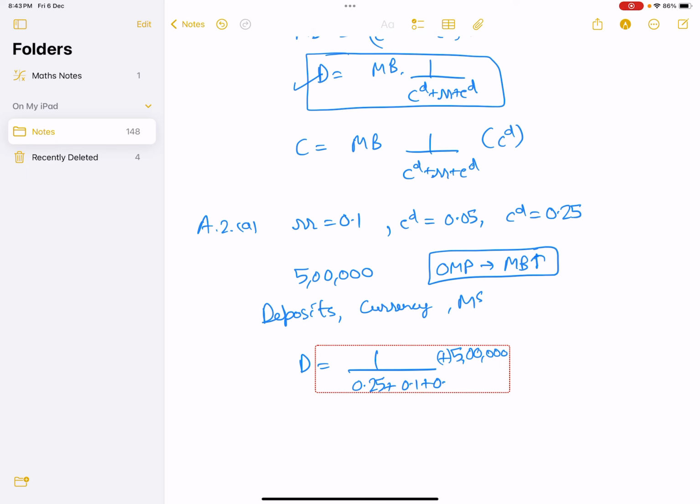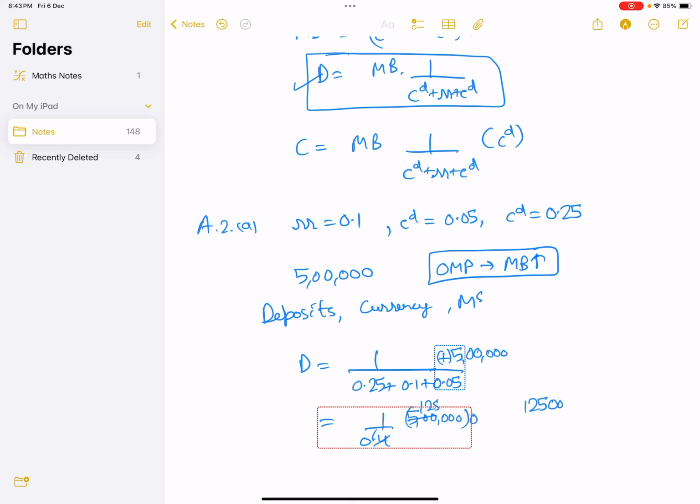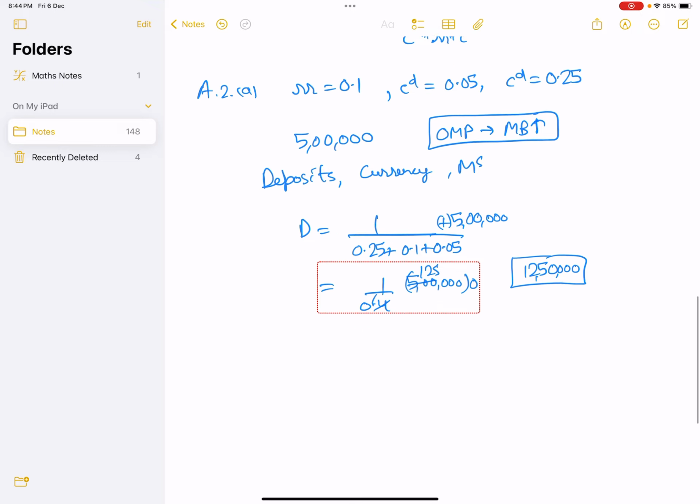Substituting these values, we get 1 by 0.4 times 5 lakh. This comes out to be 12 lakh 50,000. So deposits would rise by 12 lakh 50,000.